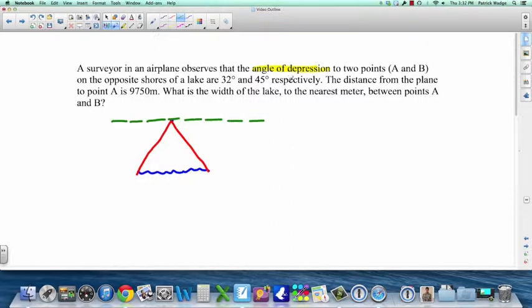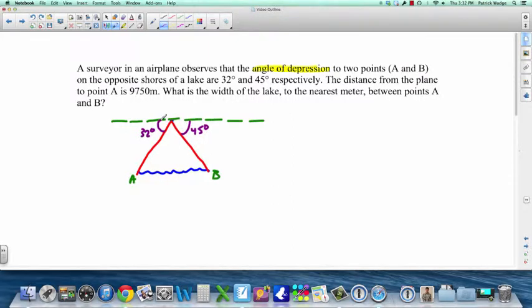And it says 2 points A and B, so let's call them A and B. And it also says that opposite shores of the lake are 32 degrees and 45 degrees respectively. So to point A, respectively, means in the order they're listed here. So to point A, it's 32 degrees. So the angle of depression when you look down to A is 32 degrees. The angle of depression when you look down to B is 45 degrees.